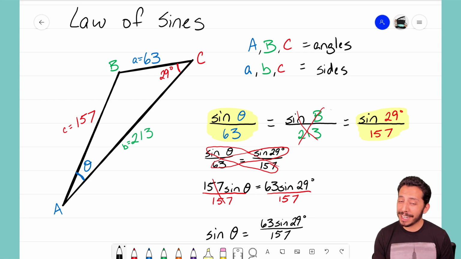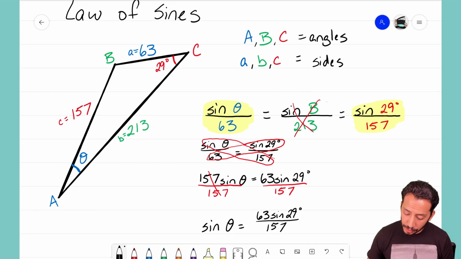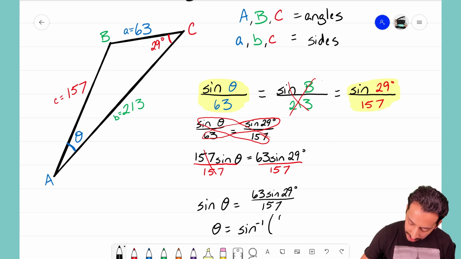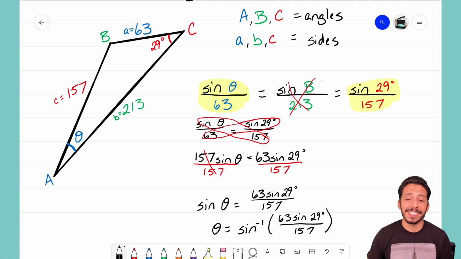Remember, just like we did with right triangles, I can use that same idea here. I want to get rid of this sine. To get rid of that sine, all I need to do is take the inverse of both sides. When I do that, I'll end up with the inverse sine of 63 times sine of 29 degrees all over 157.